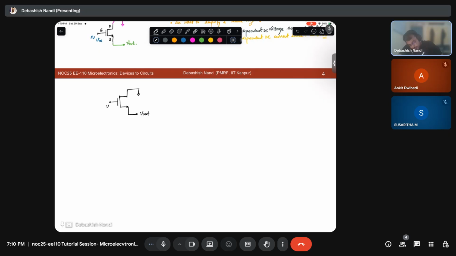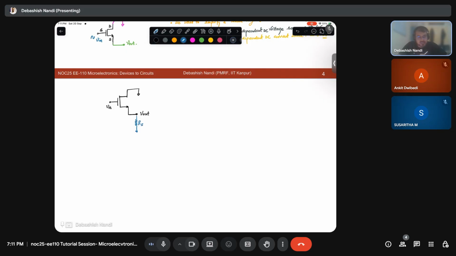This is V in. So can you tell me, can it sustain some voltage V out if I do not connect anything at this terminal? I need to connect one resistance here.